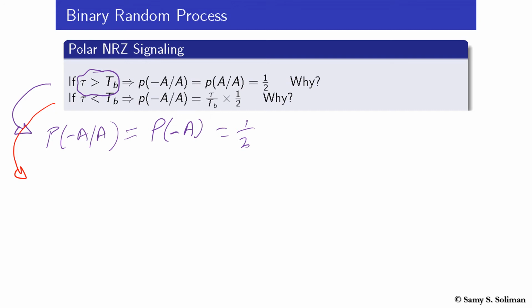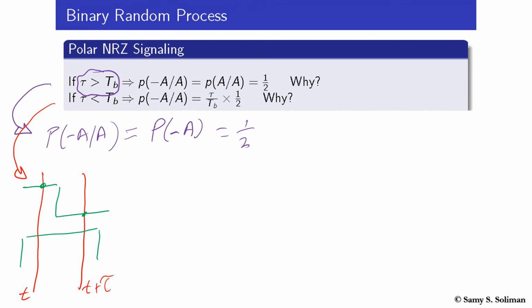Let's draw both cases. Let's assume that these are the two samples, t and t plus tau, or these are the two time instants. We might have a scenario like this, where this is one bit and this is the other bit, or we might have a scenario like this, where both samples are taken in the same bit. So in order to calculate the conditional probability in this case, we need to consider both scenarios.